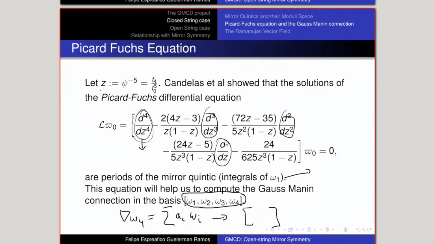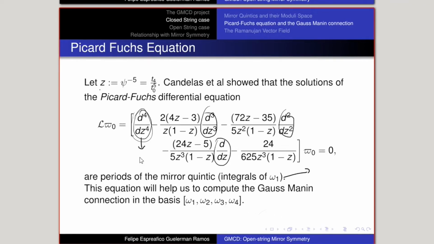And then using the Ti's, we can change to a basis satisfying the properties, and then we are going to have the Gauss-Manin connection in the coordinates Ti. So that's how we compute the Gauss-Manin connection in this case. We start from this equation.